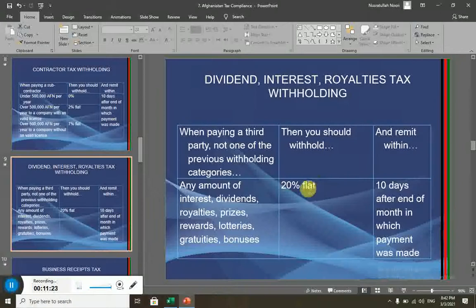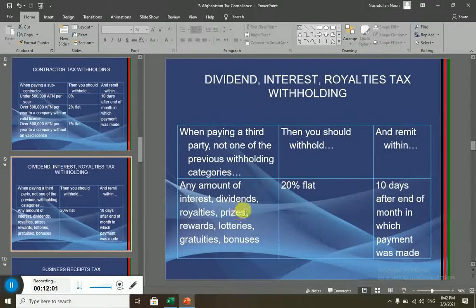We have to withhold 20% flat, and this is flat. There is no threshold like contractor withholding tax. This is 20% flat. Like rental withholding tax, this is 20% flat. Okay, so for example, you are paying a sum of money or an amount of money as an interest, as dividends, as royalties, as prizes, as rewards, as lottery, as gratuities or bonuses, whatever you are paying, right?